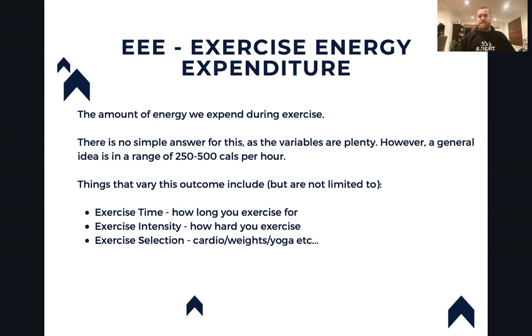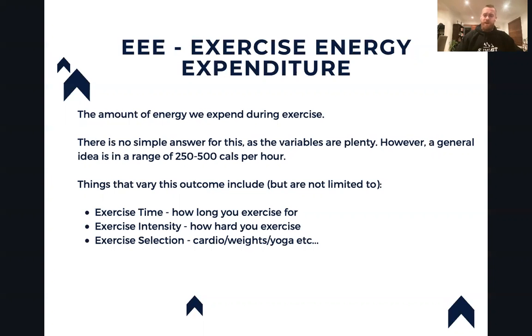I think with this one, it is very easy to overestimate how much we're doing. It's easy to overestimate how many calories you actually burn during exercise. It's probably not as much as some people would think, especially if you do track it on the phone or a watch.